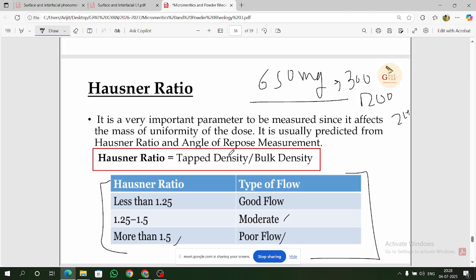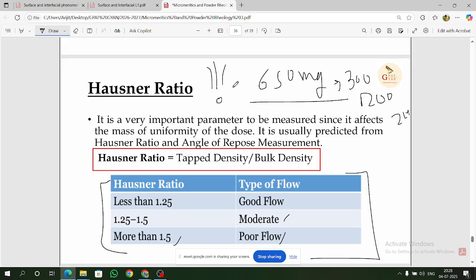So this is the phenomenon for which you have to consider the flow property. If the flow property is not proper, then through the hopper the appropriate amount of granules will not come down into the punch die.